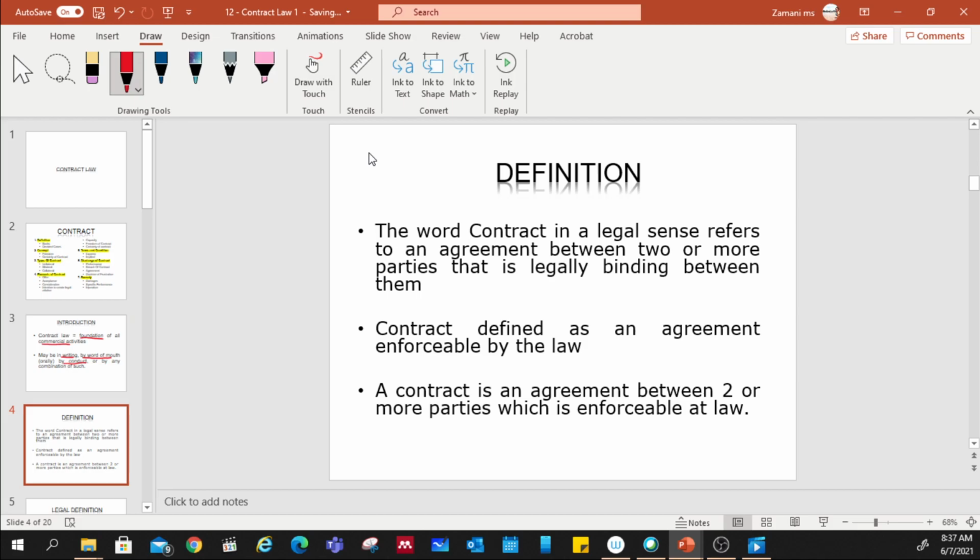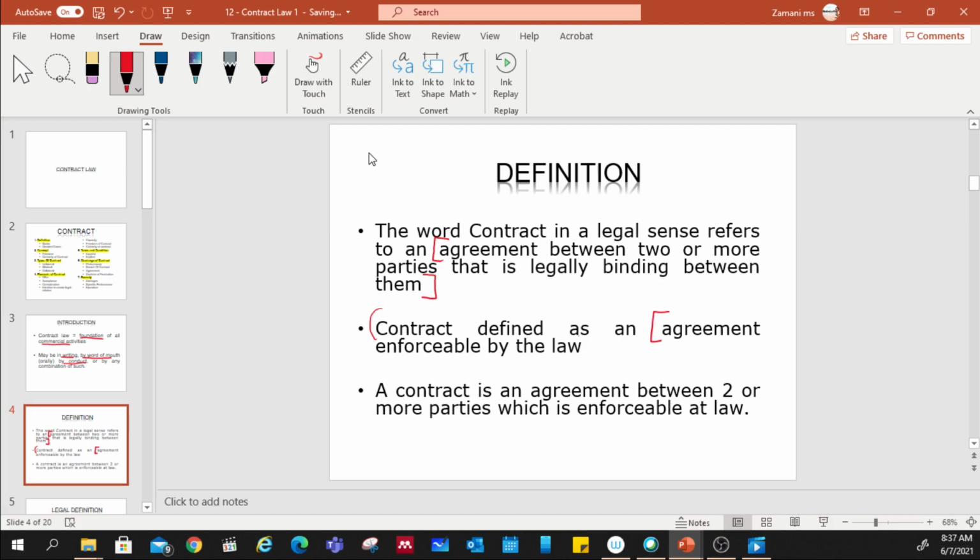The word contract in a legal sense refers to an agreement between two or more parties that is legally binding between them. So when you have an agreement between two or more parties, you can have a contract for that particular agreement. The contract is defined as an agreement enforceable by law.